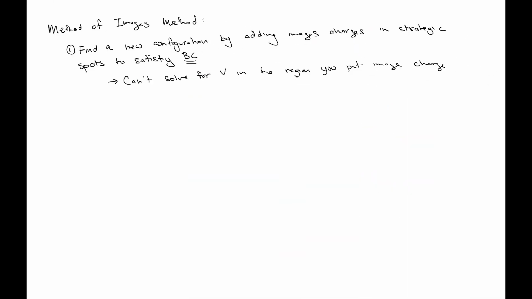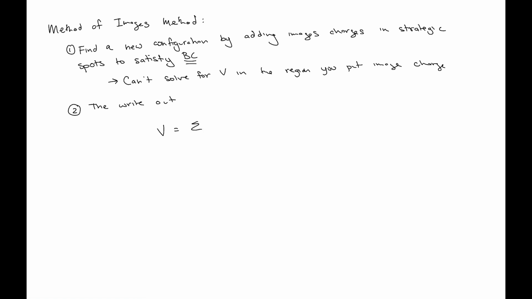You just have to do that, but then you have to realize you don't want to put any of those charges in the region where you're actually interested in calculating the field. That's going to go against the method because you won't be able to say what the potential is in that region. The next step is, if you're just using point charges, then you can use this equation here to calculate the superposition of the final potential of those individual point charges.